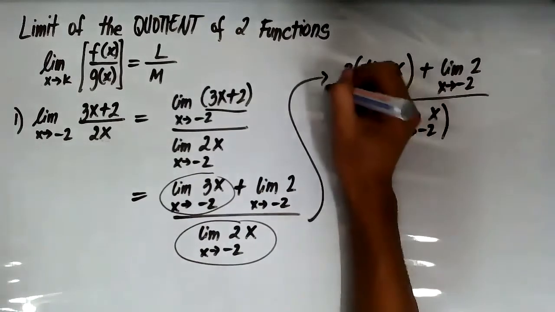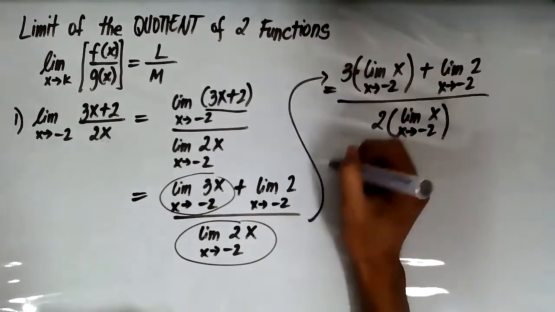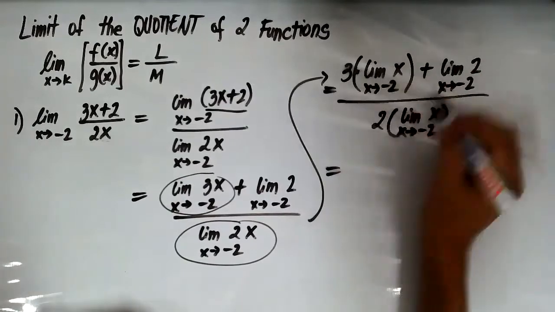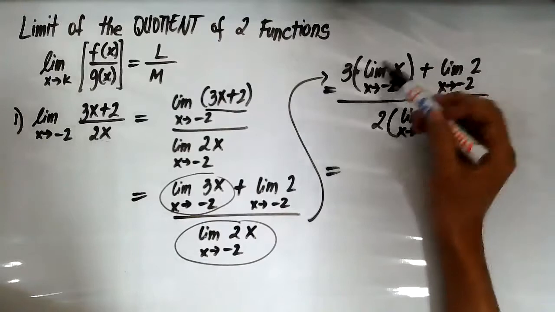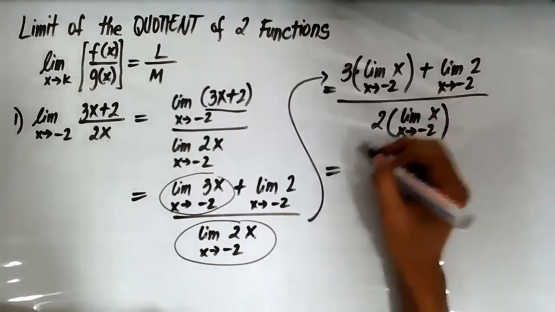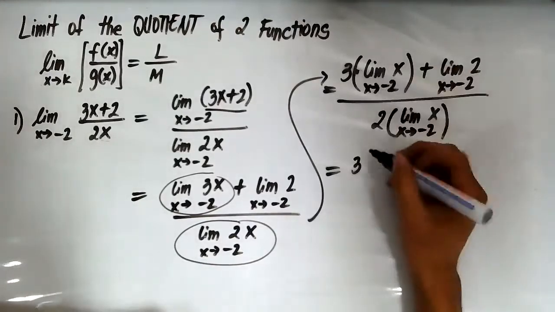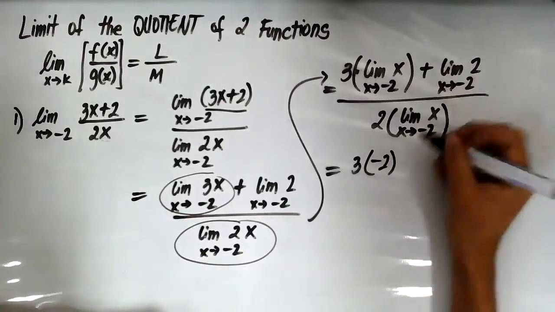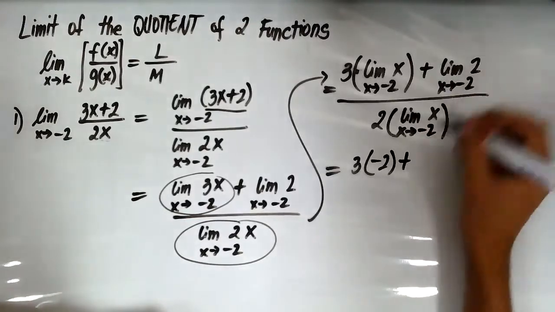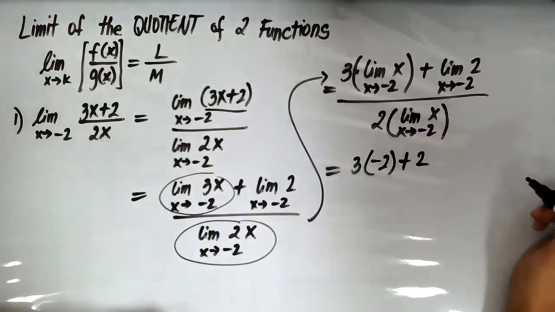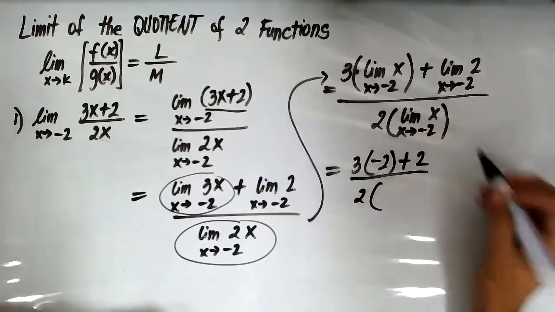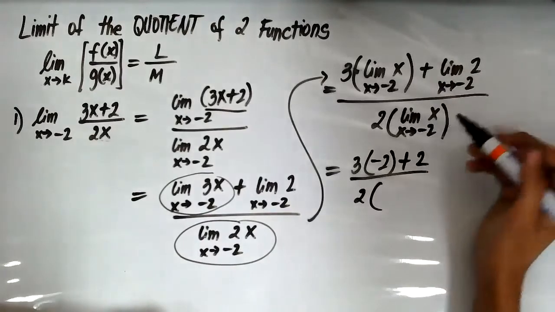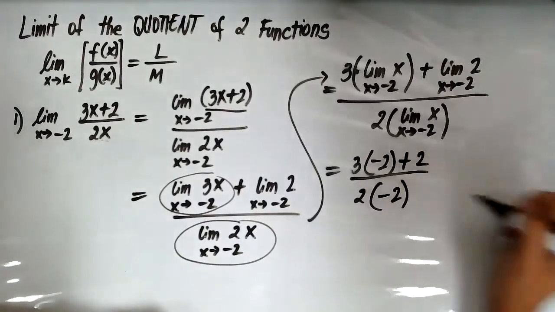Now let's simplify these limits by applying the identity function and the constant function. This will be equal to 3 times negative 2, plus 2, all over 2 times the limit of x, which by the identity function is negative 2.